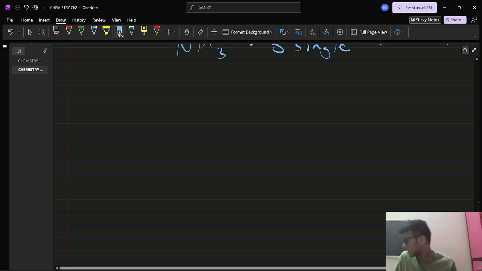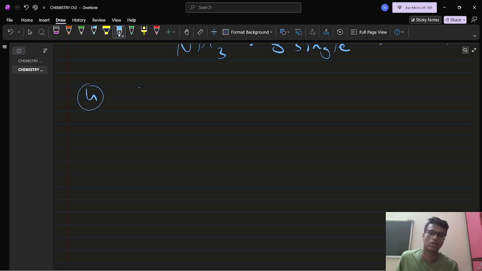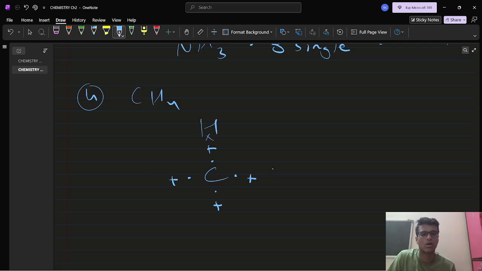So now we will quickly do the rest, water, ammonia, methane. Okay, we'll do methane. What is in methane? CH4, so carbon and hydrogen. Hydrogen combines to form methane.